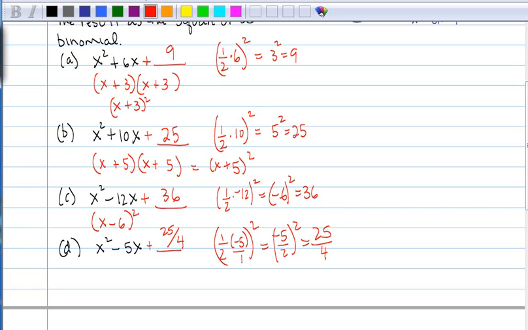And you might think, wow, that's hard to factor. But it turns out not to be, because this would be an x and an x. 25 over 4 is the same, so it has to be the square root, which is 5 over 2, 5 over 2.